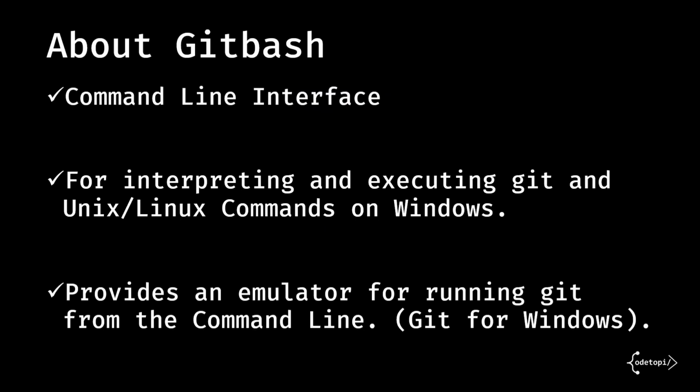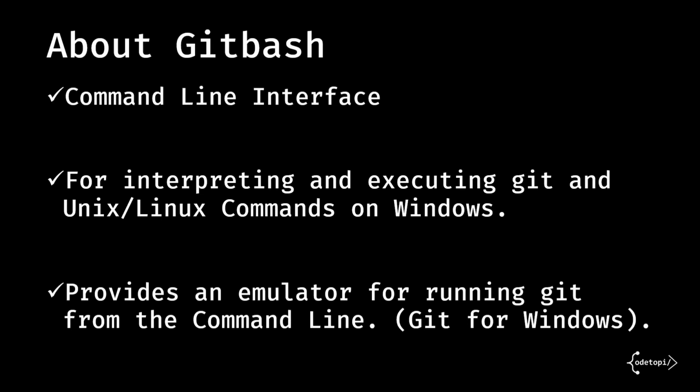Okay guys, so before we move to the installation process, let's first of all talk about Git Bash. Now Git Bash is a command line interface program or tool. For those of you who don't know what a command line interface or CLI is, there's a full video on that, so I recommend you check that out after this video.